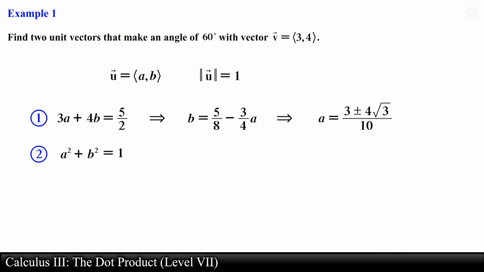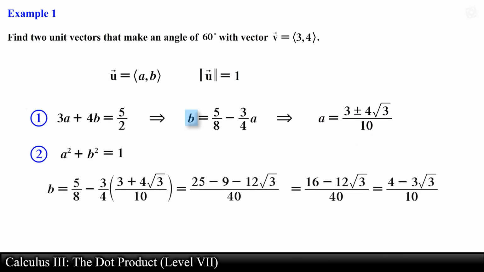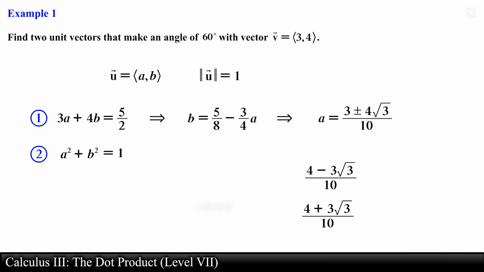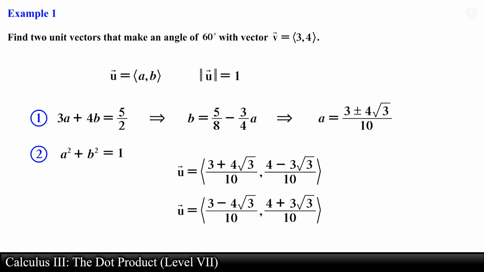The last step is to use these values and solve for b. So, substituting these values and simplifying the expression, we obtain the following values for the y component of vector u. In the end, there are two unit vectors that form an angle of 60 degrees with vector v. Okay, let's try the next example.